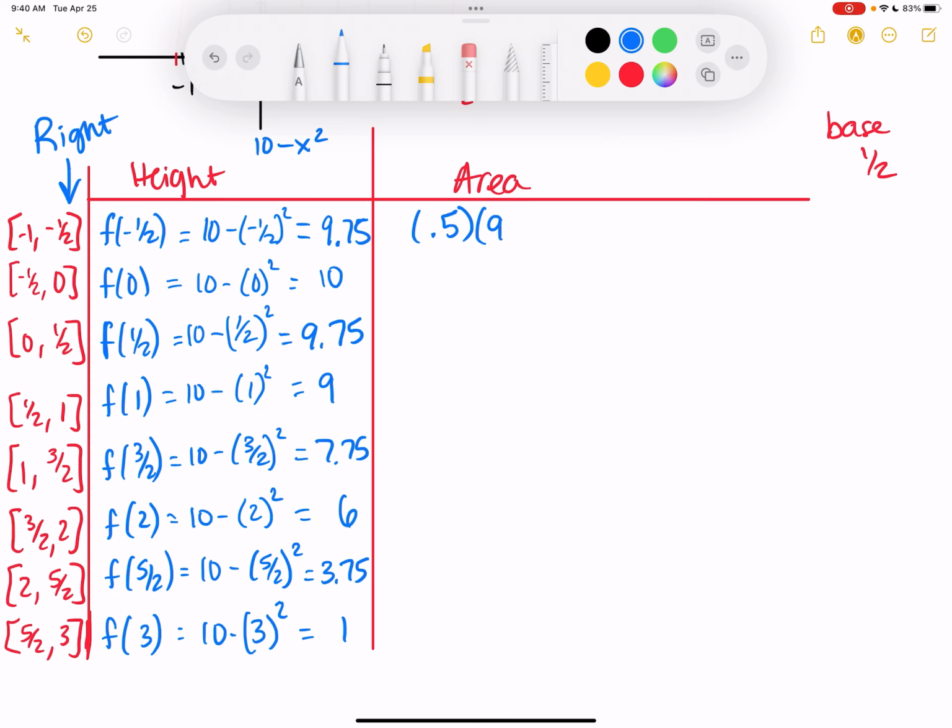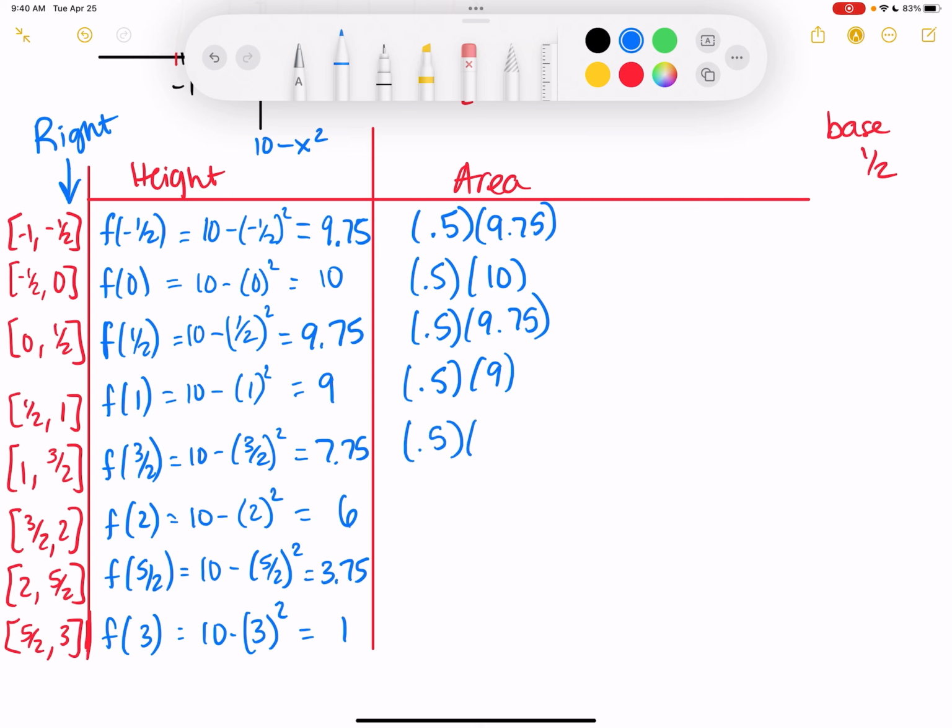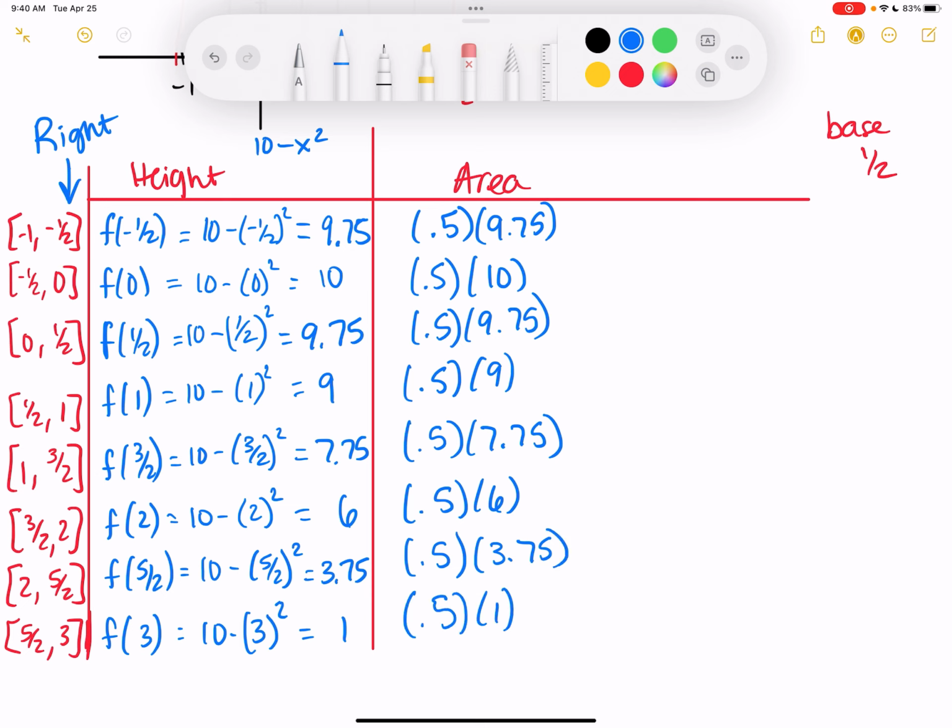So 0.5 times 9.75, 0.5 times 10, 0.5 times 9.75, 0.5 times 9, 0.5 times 7.75, 0.5 times 6, 0.5 times 3.75, and 0.5 times 1.